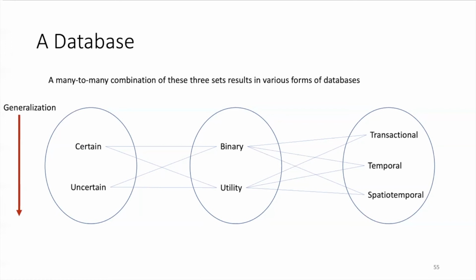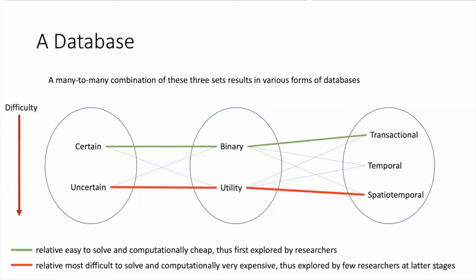Now, when we look at the generalization, this is how it looks. And then the difficulty. When we start doing research and are trying to introduce a new type of pattern, we first start with the green line. We assume data is certain, the items are binary, and the data is a transactional dataset. From there, we keep on increasing the difficulty in our research.